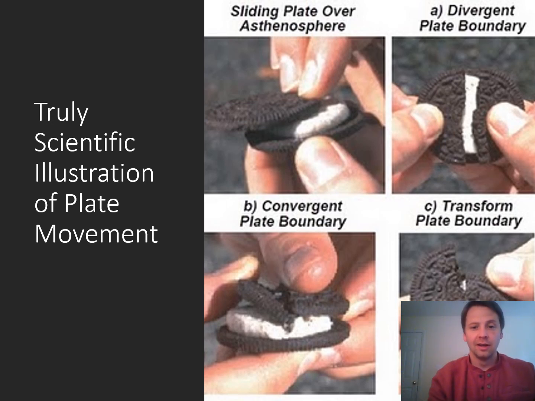Your convergent plate boundaries are when they are colliding into one another, and one of them is going to subduct, so this piece of the cookie here is subducting under the other. And then lastly, your transform plate boundaries are simply sliding past one another in opposite directions.